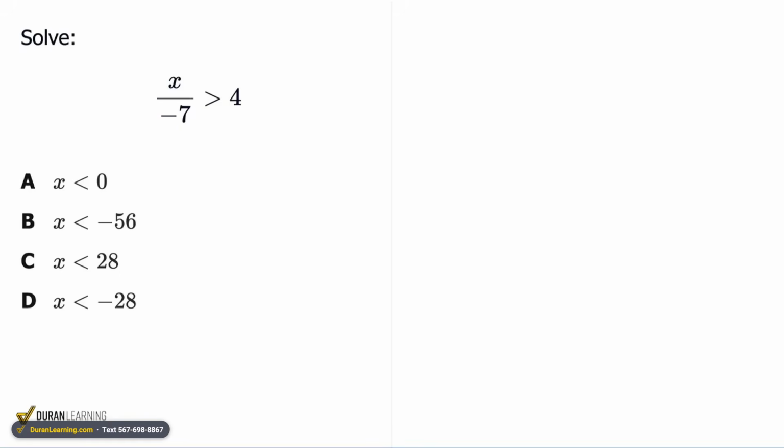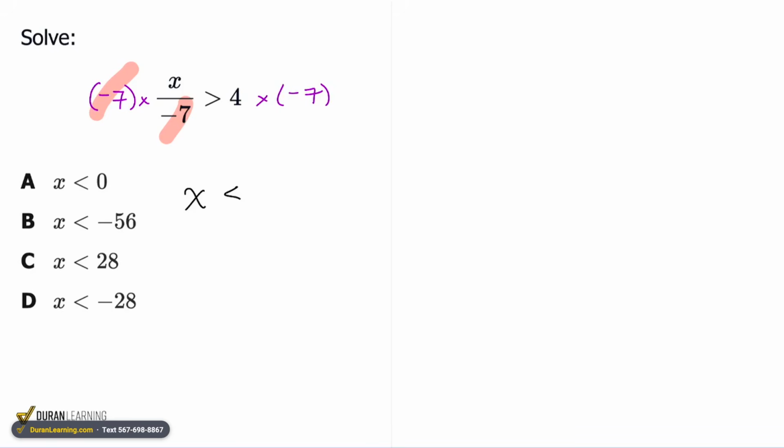When we are multiplying or dividing both sides of an inequality by a negative, we flip the signs. So here, what we have going on, everybody, multiply by negative 7 on the left and on the right. Yeah, it cancels on the left. But remember that when you negate both sides of an inequality, what you'll end up doing also is negating the symbol.